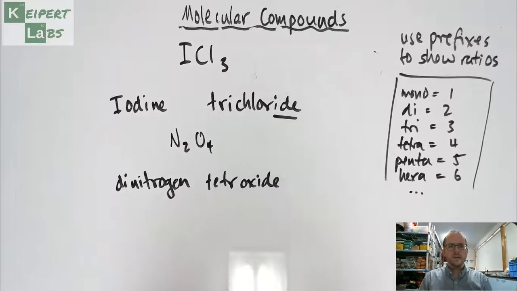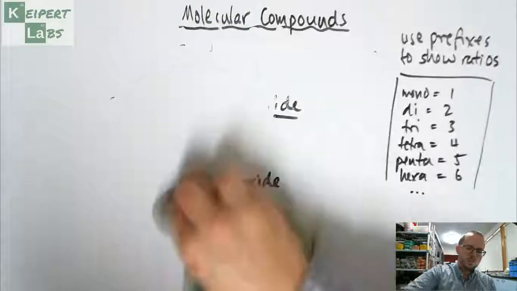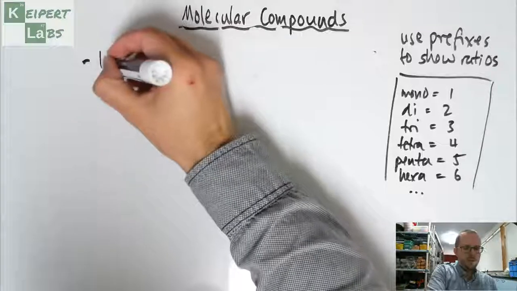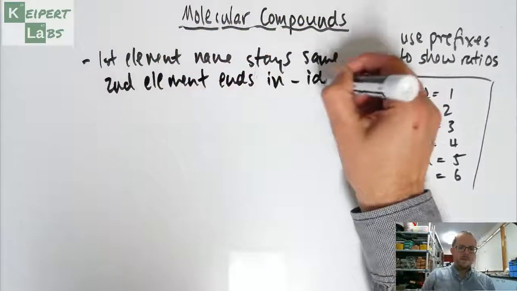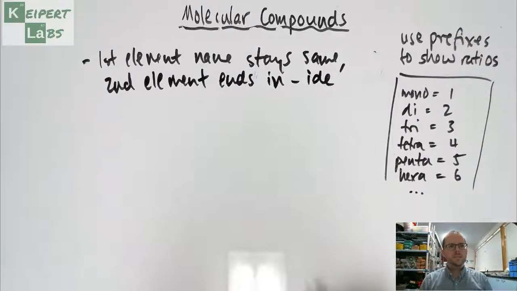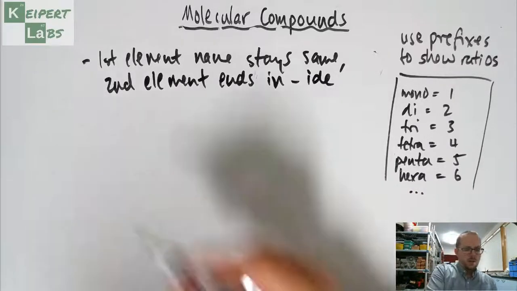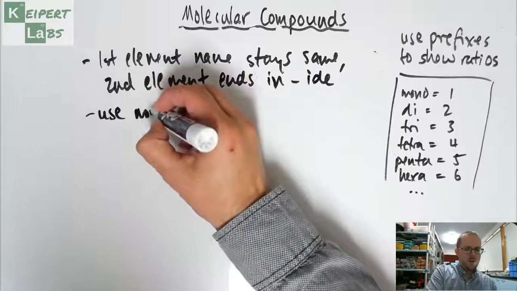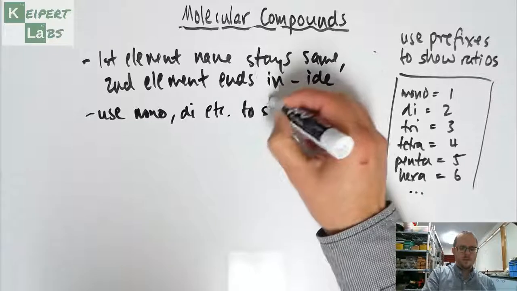Okay, so let's have a look at some quick summary rules. The first element name stays the same. The second element we clip off the end and change it to IDE. We use mono, di, etc. to show ratios.